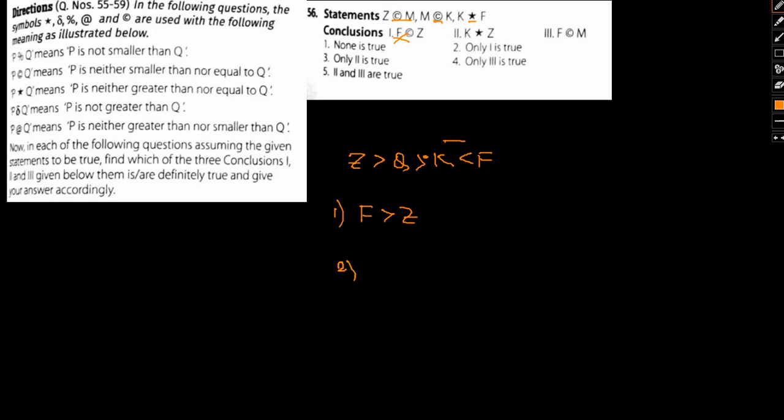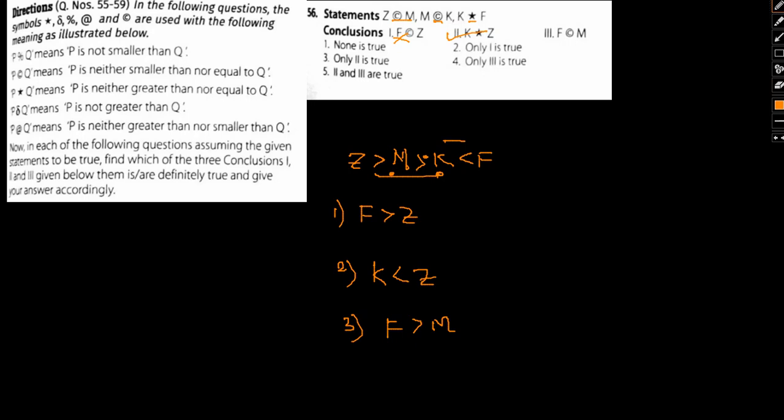Conclusion 2: K star Z. Is Z greater than K? Yes, Z is greater than Q and Q is greater than K, so Z is greater than K. 2 is correct. Conclusion 3: F c M, so F greater than M. Is F greater than M?